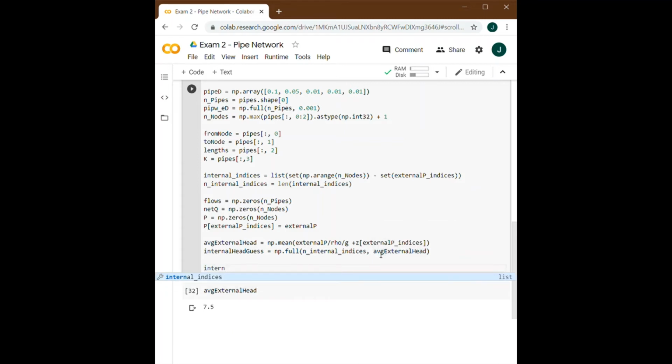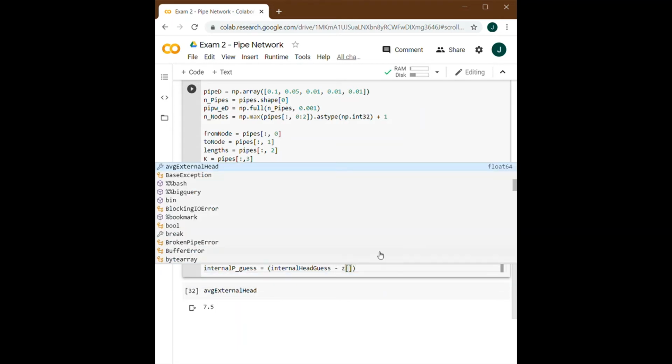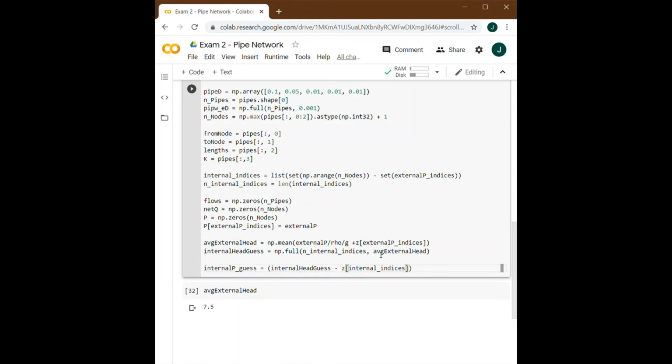And then we're going to do our internal pressure guess equal to our internal head guess minus the heights of our internal nodes.